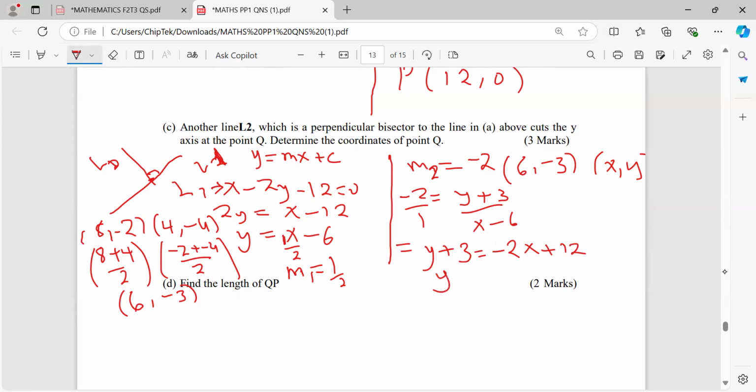So y equal to minus 2x plus 12 minus 3 ni positive 9.